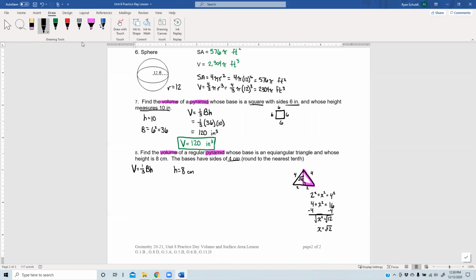So I need to find the area now of this triangle here. Together, this side is 4. So to get big B, I'm going to do 1/2 of 4 times the square root of 12.